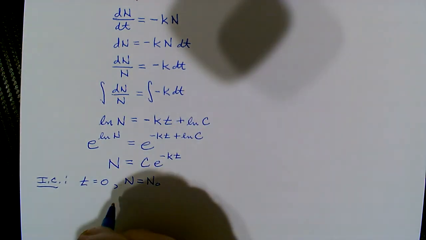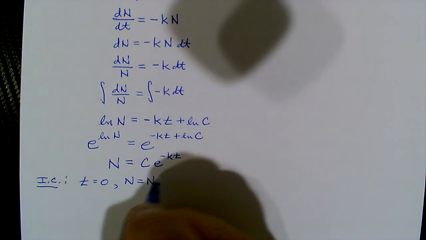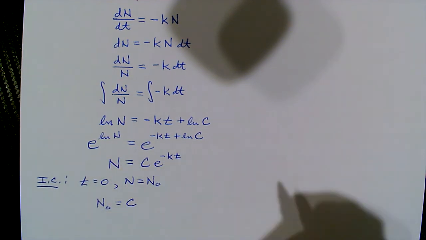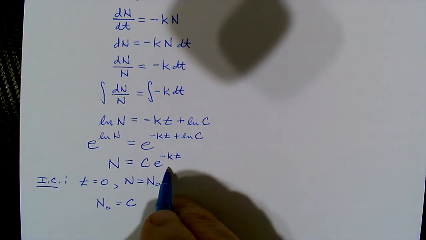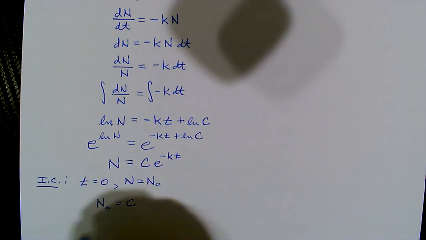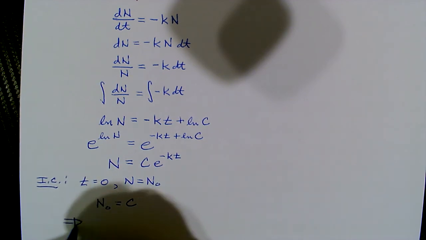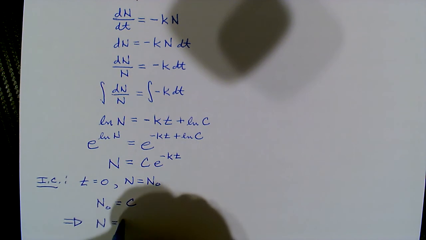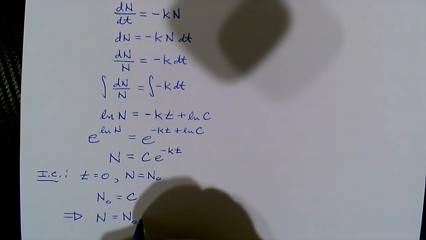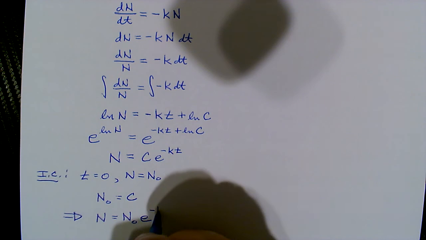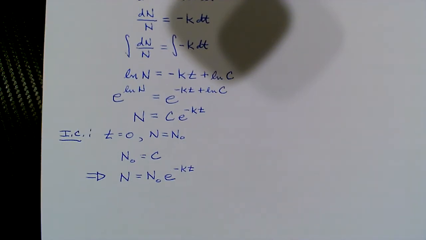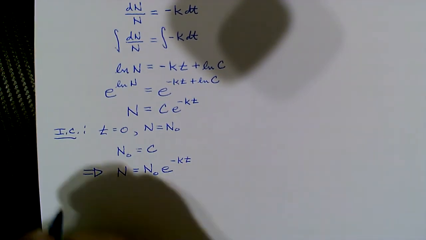But that's going to tell me that upon substitution, I replace n by n sub 0, that's going to be C. Because e to the 0, if t is 0, this is e to the 0, which is 1. So then that gives me the general formula that n is whatever the original amount was, times e to the negative kt. Alright, and at that point, we need to find the value of k.